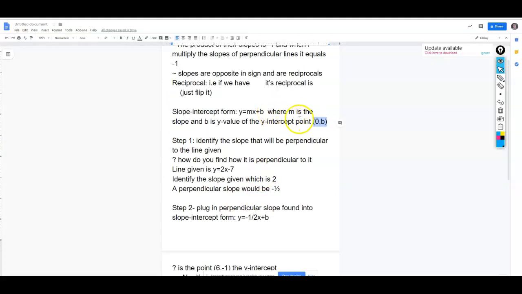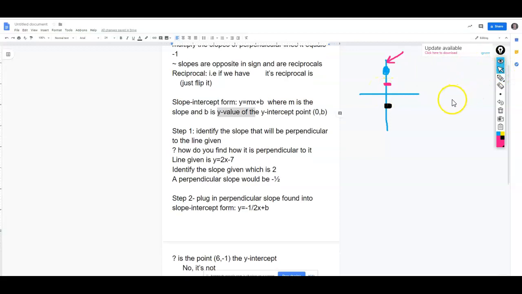So if we go up here and remember that b is the y value of the y-intercept point, and the y-intercept point will always have a coordinate of 0, b, and that is because the y-intercept always lands on this line, somewhere on that line. It could be up here, it could be down here. It doesn't matter. It will always be on the y-axis. And on the y-axis, the x-coordinate is 0 because you haven't moved to the right or to the left any. Does that make sense?